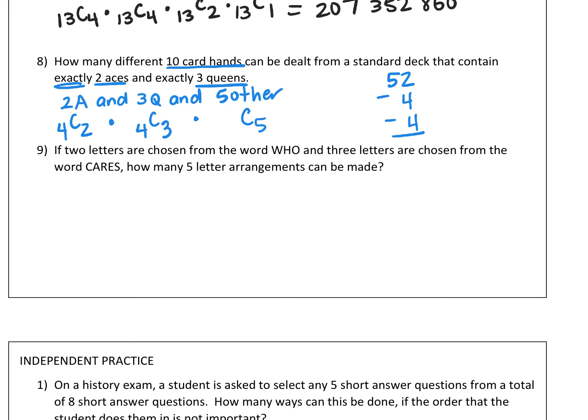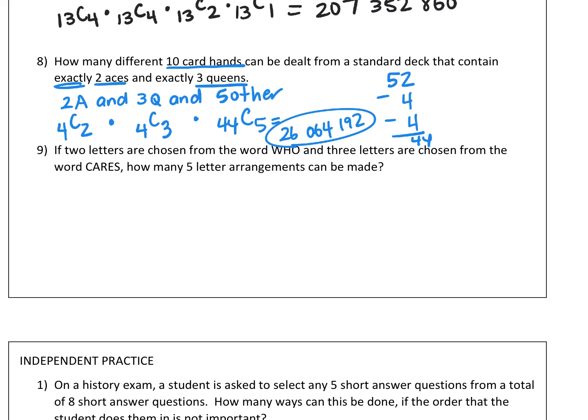So 52 take away 8 leaves me with 44 cards. When I punch all that in my calculator, I get 26,064,192.